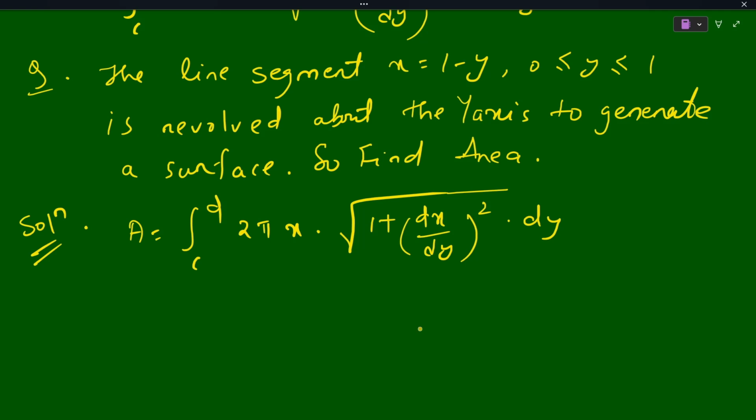First write the formula. A is the integral from c to d of 2 pi x root over 1 plus dx by dy whole square into dy. From here you know the value of x and you just don't know the value of dx by dy and the limits of integration, which are from c to d.